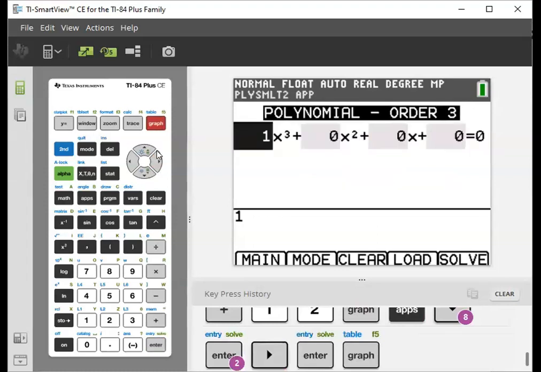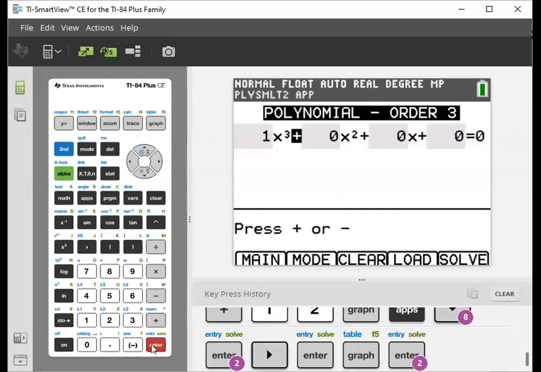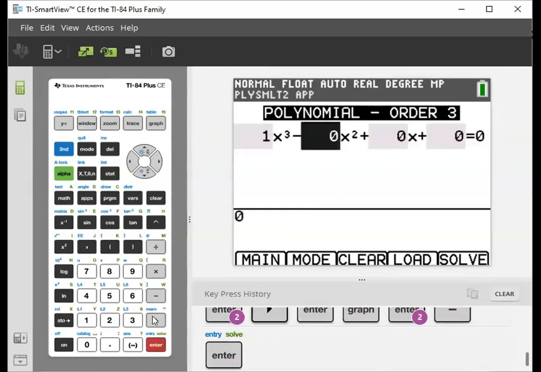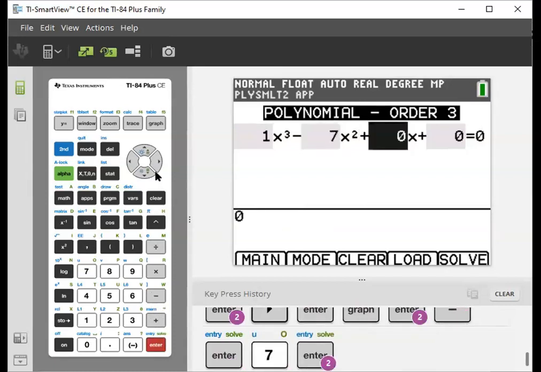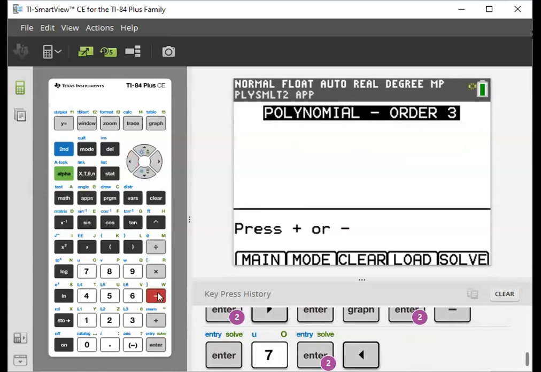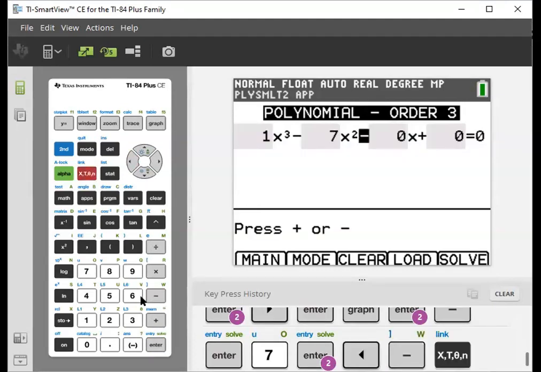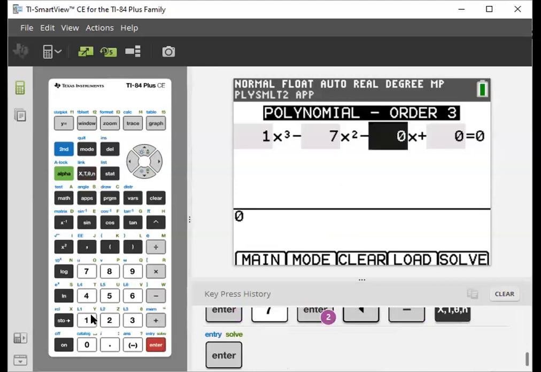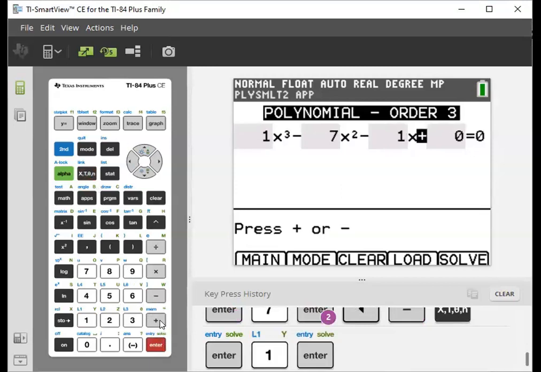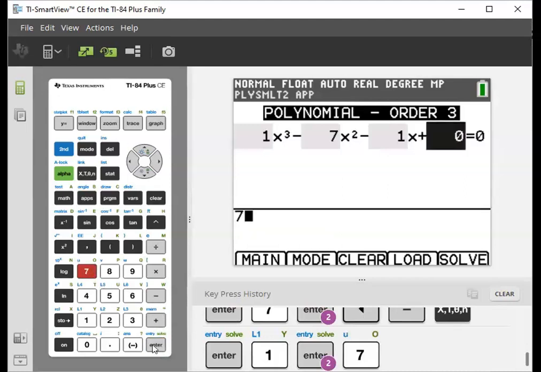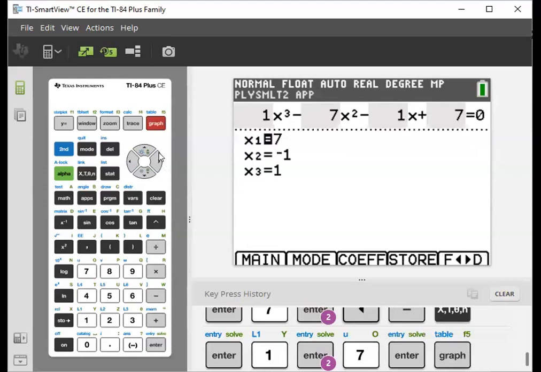We would hit next, and type this in: 1x to the 3rd minus 7x squared minus x plus 7. Then I could hit solve and it's going to tell me hopefully some answers.